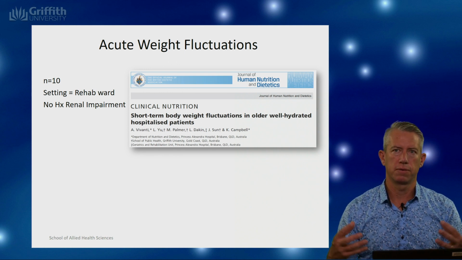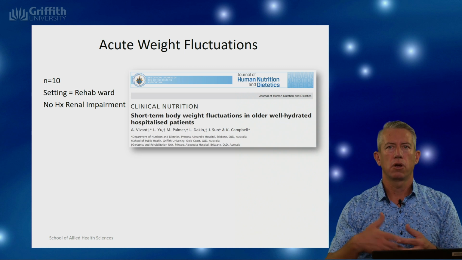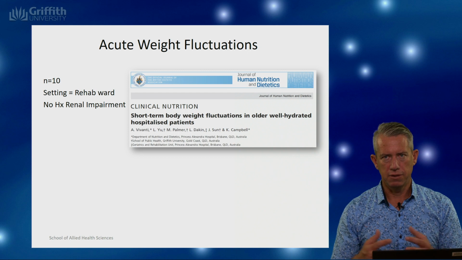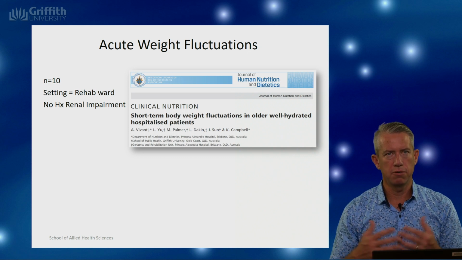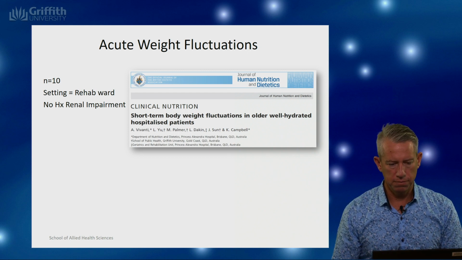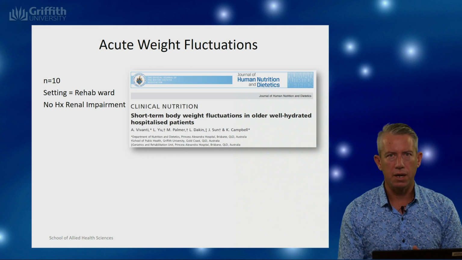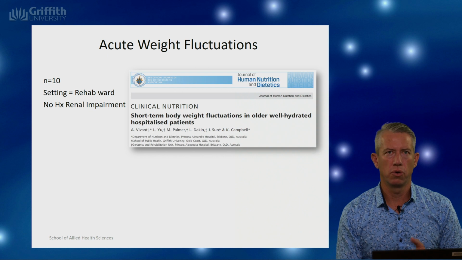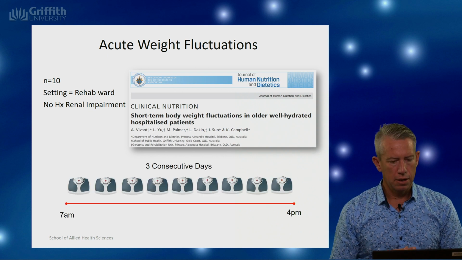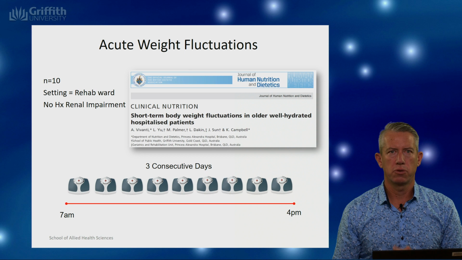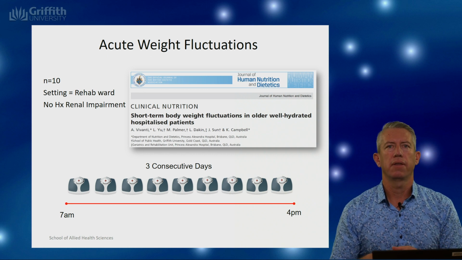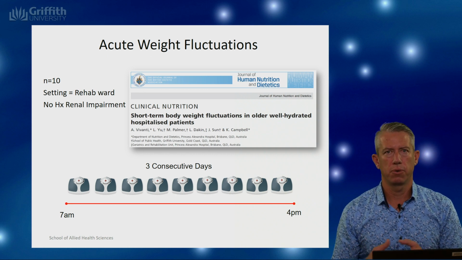And that's important because obviously if you've got renal impairment, the likelihood of you being able to excrete or retain fluid and seeing larger fluid shifts goes up. So these people had normal renal function. There were 10 of them, and they were in a hospital-based long-term rehab ward. Now for 3 consecutive days, between the hours of 7 a.m. and 4 p.m., on the hour, they were weighed, and they were weighed with the same scales by the same person.